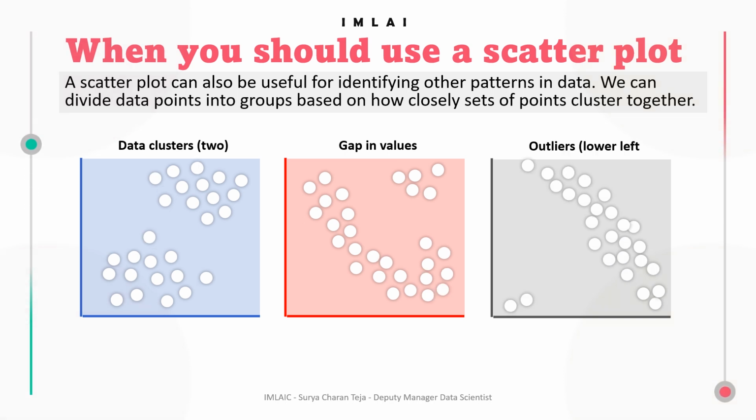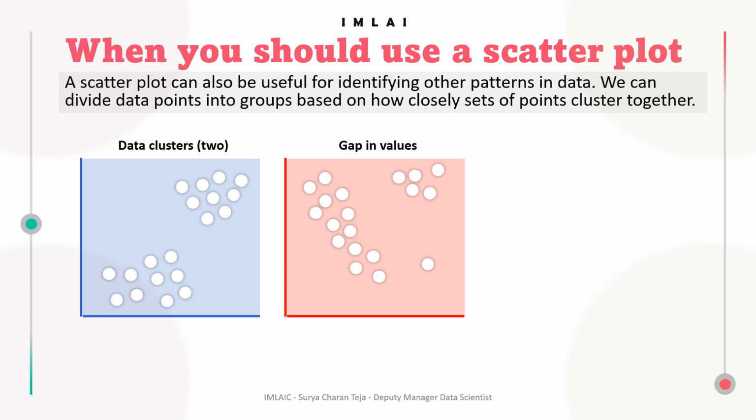The scatter points are closely packed and have a certain shape, and then after that there is a huge gap, and then again you have a certain amount of values. So this can also be used to find gaps in values.